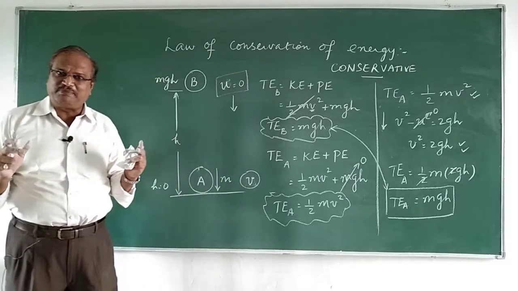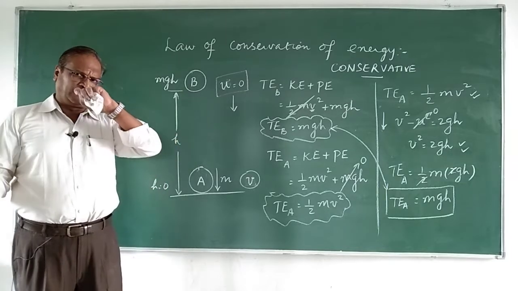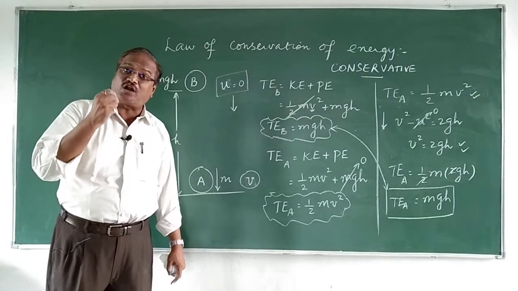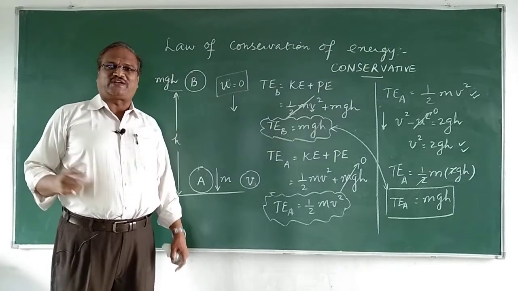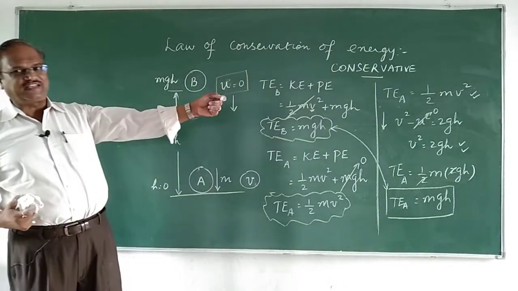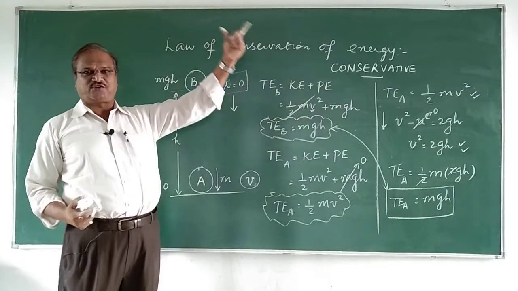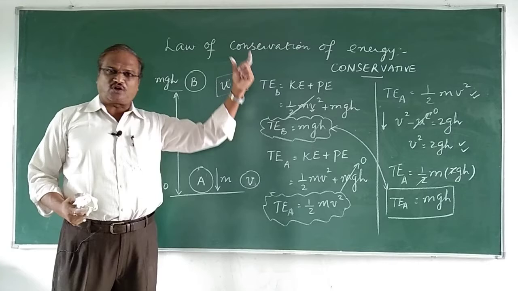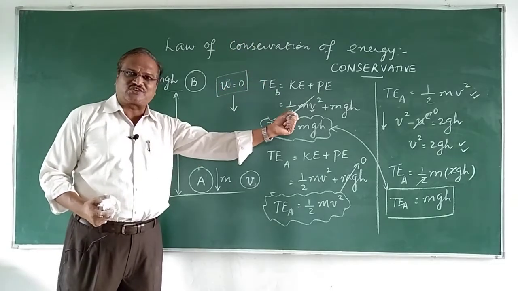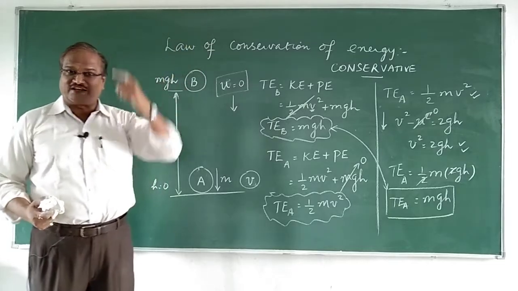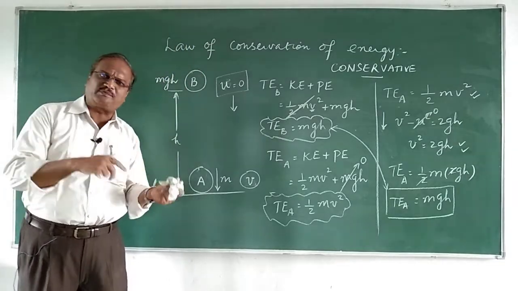That means it can be transformed from one form to another form. For example, when I switch on the light, the electrical energy is becoming light energy. When the fan is rotating, the electrical energy is converted into mechanical energy. So on and so forth. You can find so many transformations.